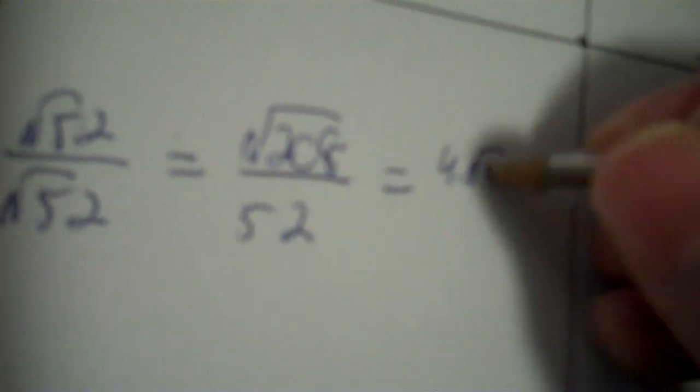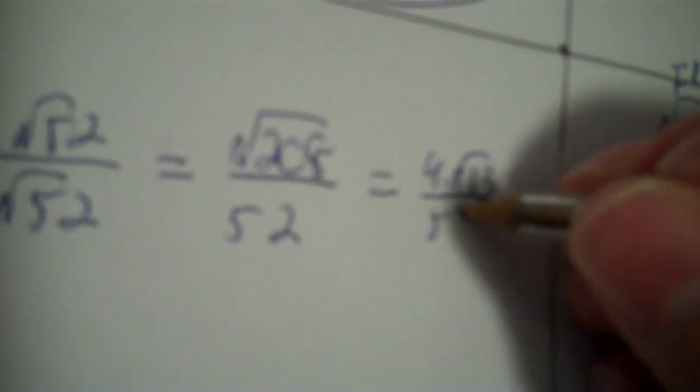Nope. Nope. No, 16 and 13, I got it. Okay, so I rewrite that as a square root of 16. I divided by 16 and the result was 13. So we now have 4 times the square root of 13. So replace your square root 208 with 4 times the square root of 13 over the 52.